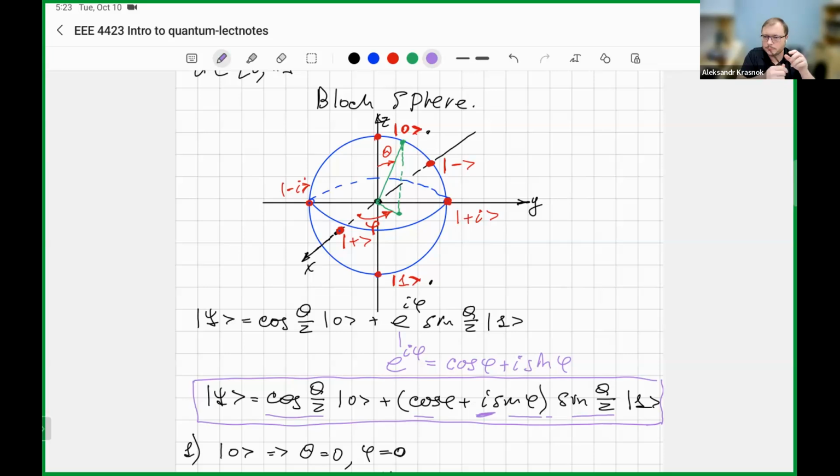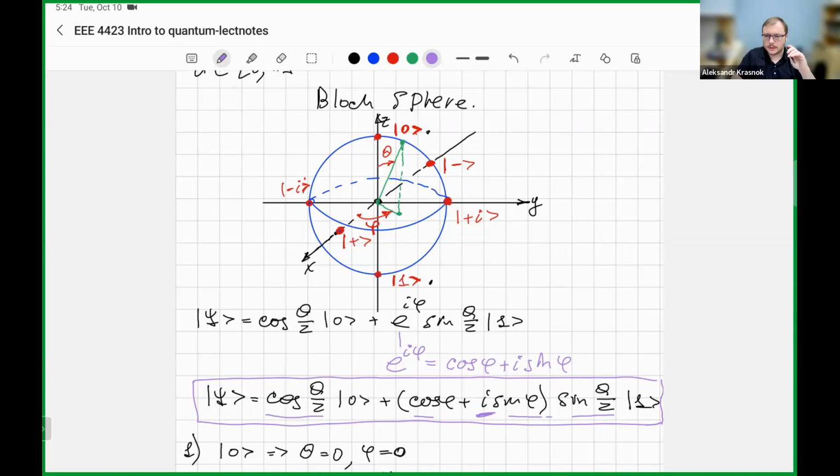We will probably discuss this later, but a photon with 2 polarizations is a nice model for a qubit, like vertical or horizontal polarization. They denote the 0 and 1 state. Then plus 45 and minus 45 degree polarization of a photon represents the plus and minus points on this sphere.